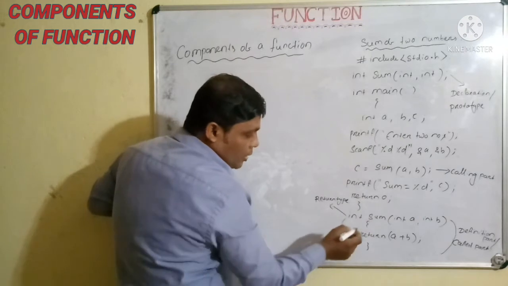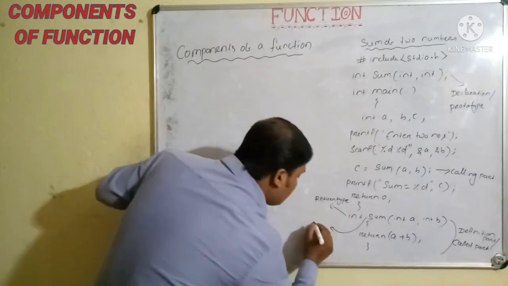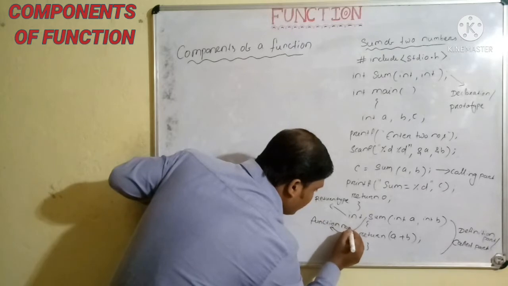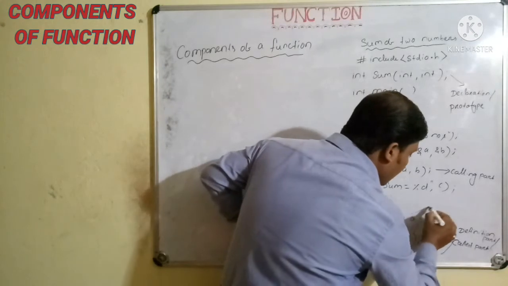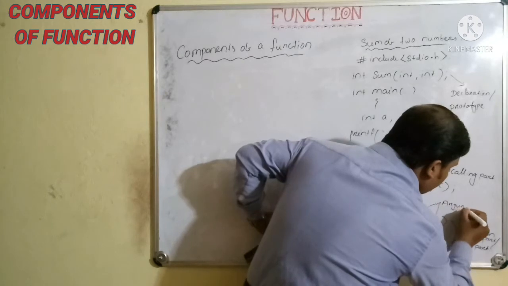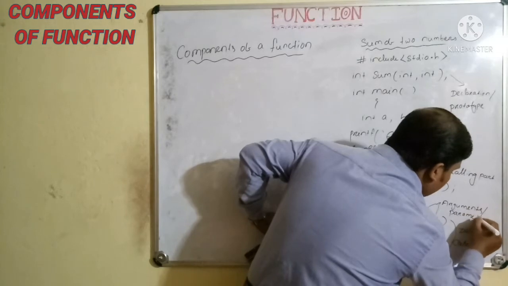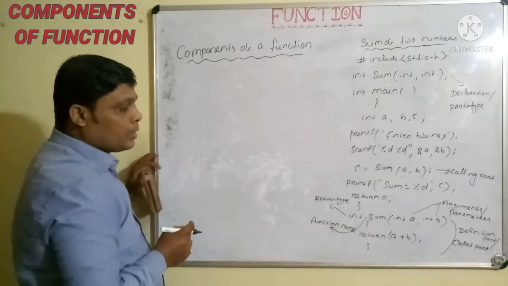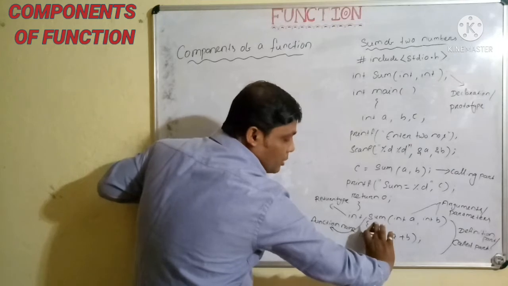Then sum is the function name. And these a and b are the arguments or parameters. And this is the body of the function.